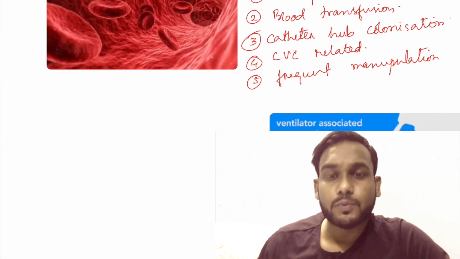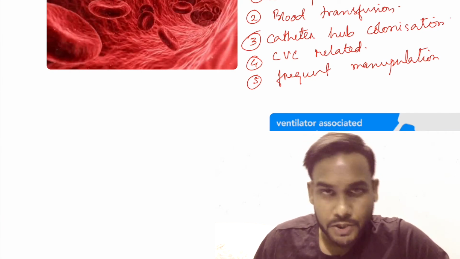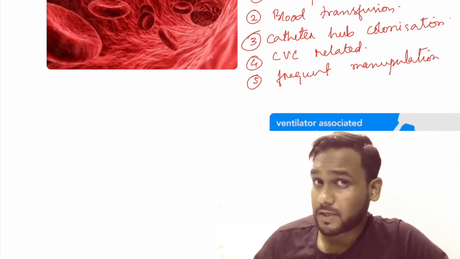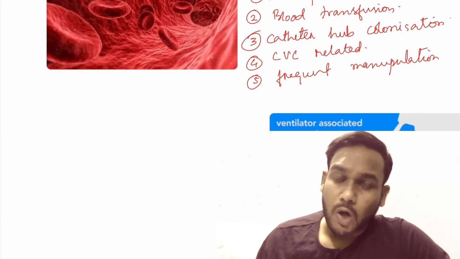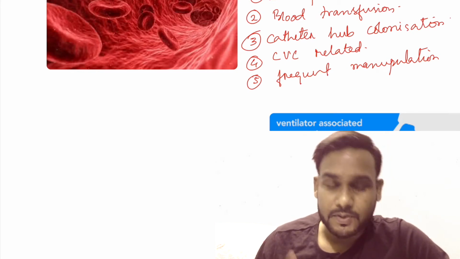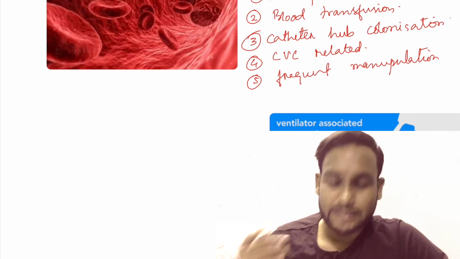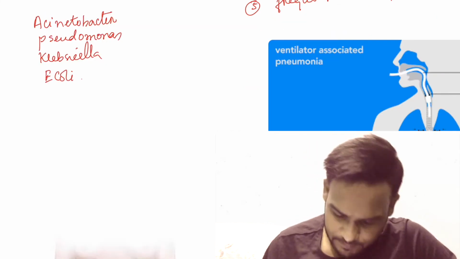Next we will see the common etiological agents in ventilator associated pneumonia and its risk factors. In ventilator associated pneumonia, the most commonly isolated organisms are Acinetobacter, Pseudomonas, Klebsiella and E. coli. Now let's see some risk factors.